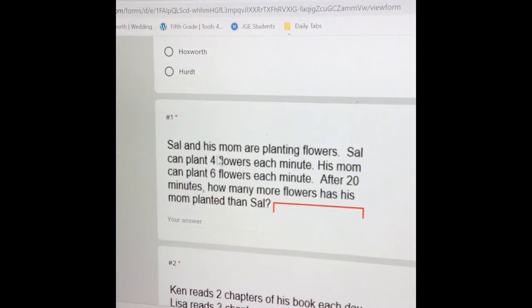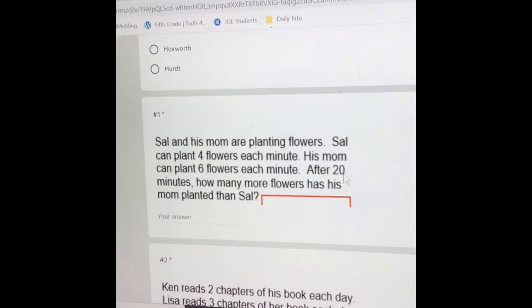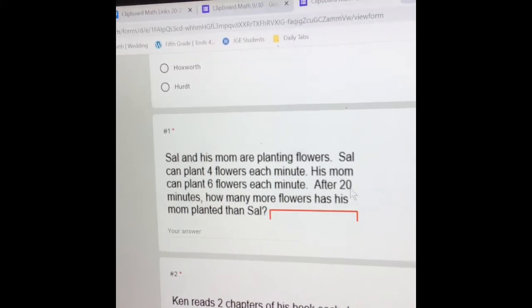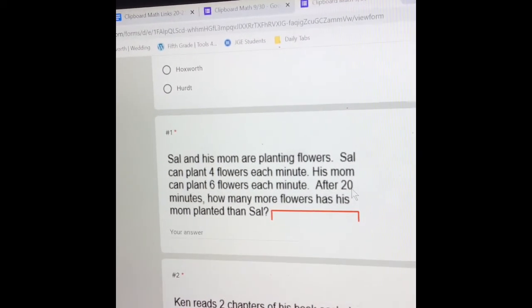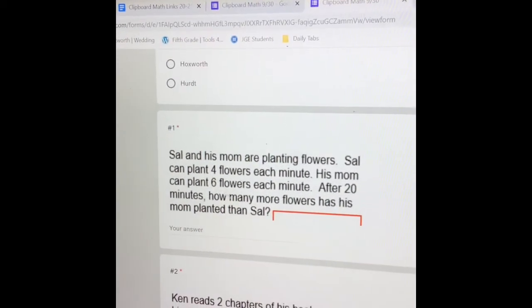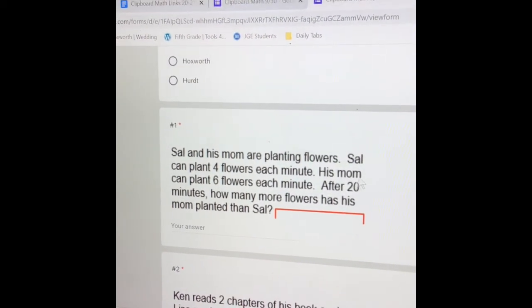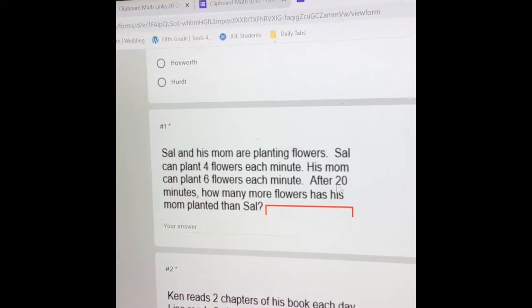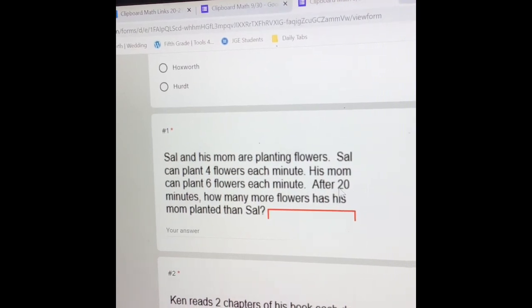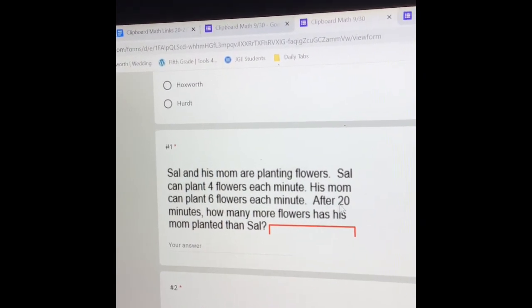So for Sal, I'm going to need to say 4 times 20 and get the answer of how many flowers he planted in 20 minutes. And then Mom, 6 flowers each minute. So I'm going to take 6 times 20 and see how many flowers Mom can plant in 20 minutes.